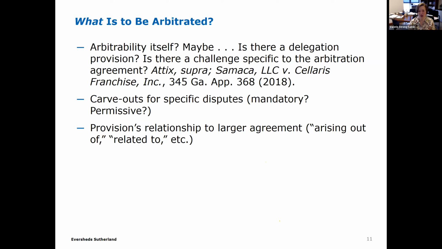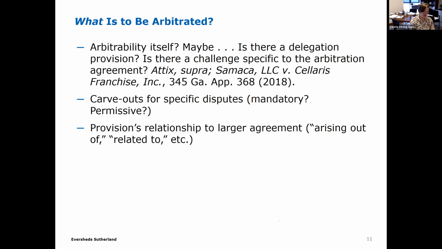So the first question you need to ask yourself is there a so-called delegation provision? And that's what the cases call it. And this is referring here to a provision in the arbitration agreement that says the arbitrator is going to decide all issues, including arbitrability, or it might say including whether a particular dispute should be arbitrated, language like that. Is there something that explicitly says in the arbitration agreement that this kind of threshold dispute is going to be decided by the arbitrator? Again, a so-called delegation provision. So that's the first thing you look for.